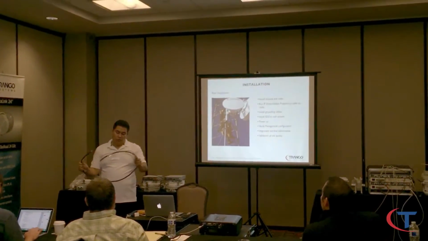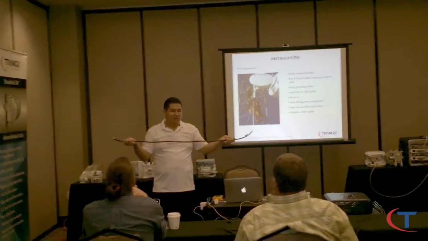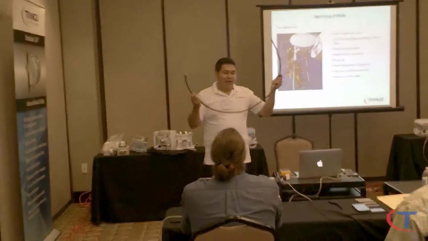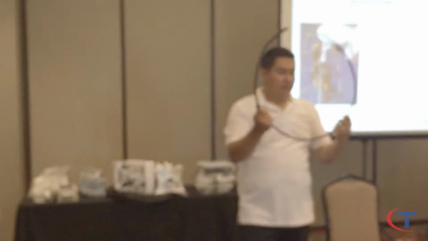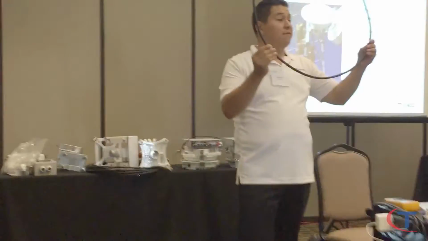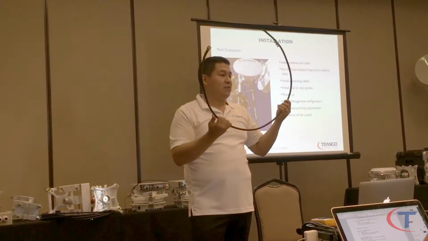If it's a U, that's fine. You don't want to do L, 90-degree corners from this, okay? That's going to make a really nice short on the actual cable. So anything like that is fine, but you do not want to do a 90-degree bend on this. This is not designed for that.